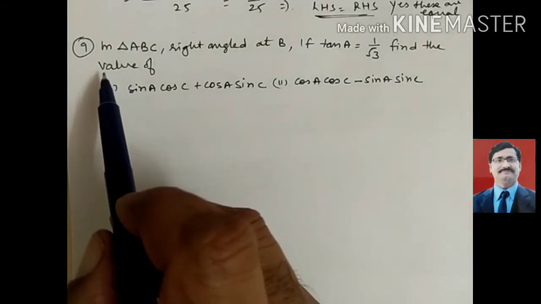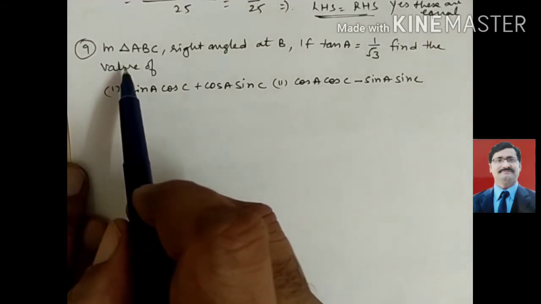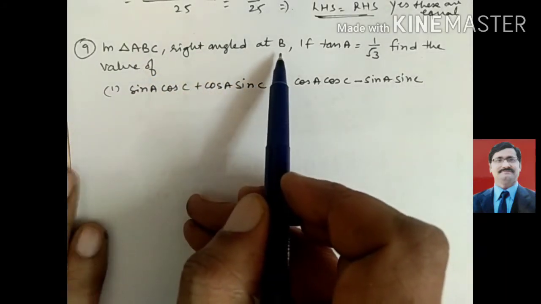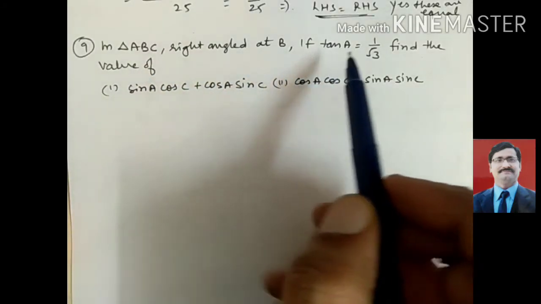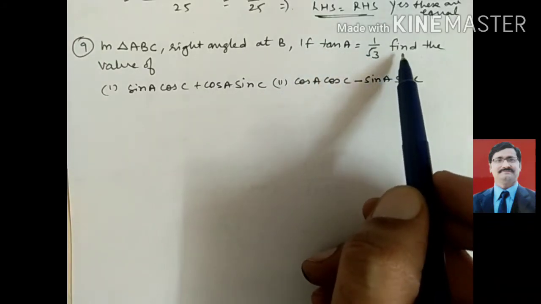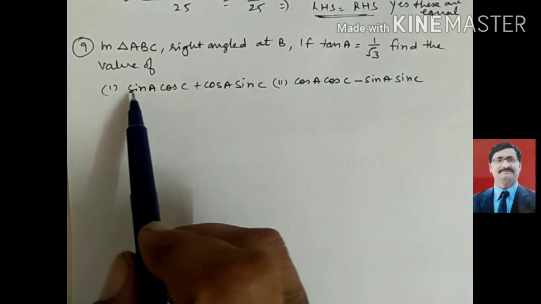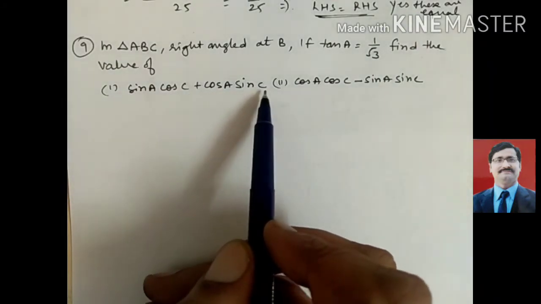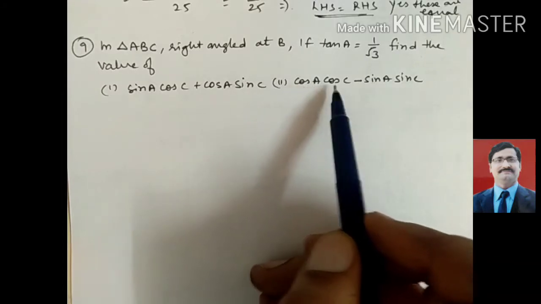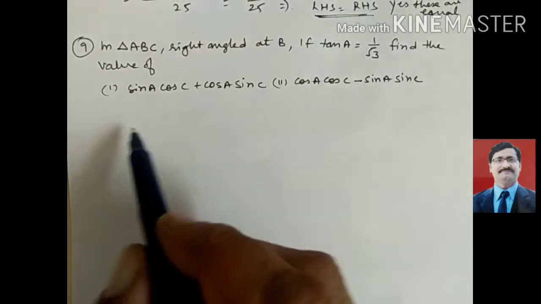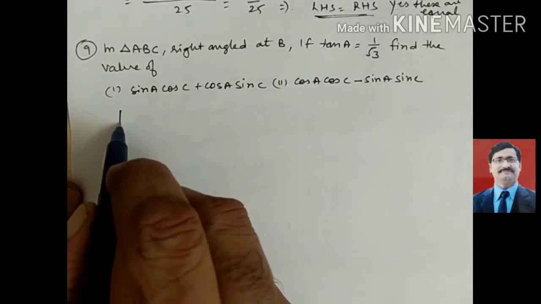Now look at question number 9. In triangle ABC, right angle at B, if tan A equals 1 upon root 3, you have to find the value of sin A cos C plus cos A sin C, and second, cos A cos C minus sin A sin C. First you have to draw a triangle.